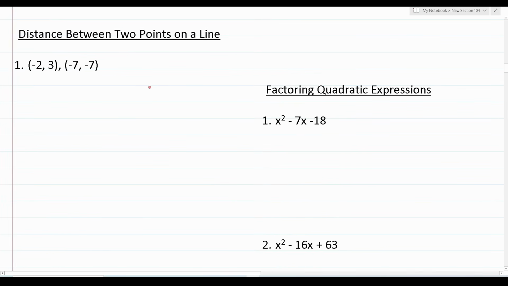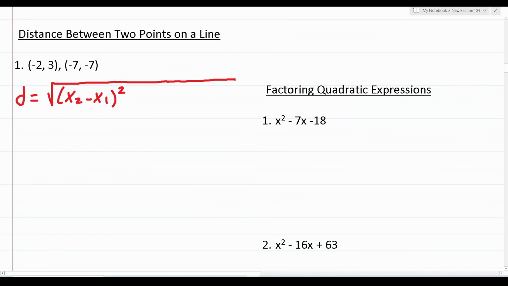All right, so this next topic is in regard to finding the distance between 2 points on a line. And the way we do that is by using the distance formula. The distance formula says this: d, our distance, is equal to the square root of x2 minus x1 squared.